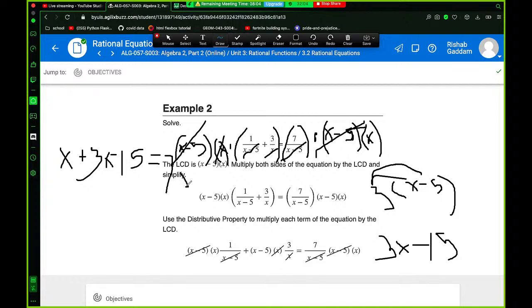So basically this is equal to, so x plus 3x is 4x. So you have 4x, sorry, that's a minus 15. There's no x for 15, so you have 4x minus 15 equals 7x.